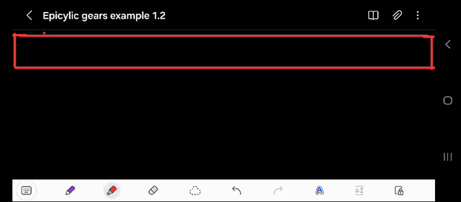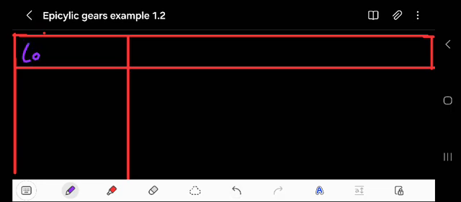You can separate it like this. In the first column we'll have the conditions.